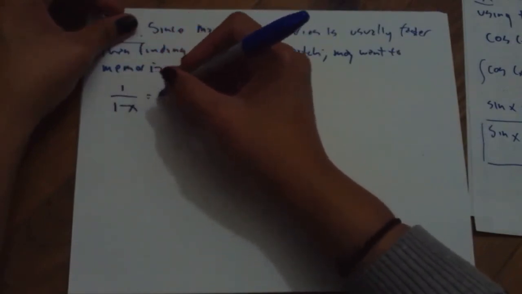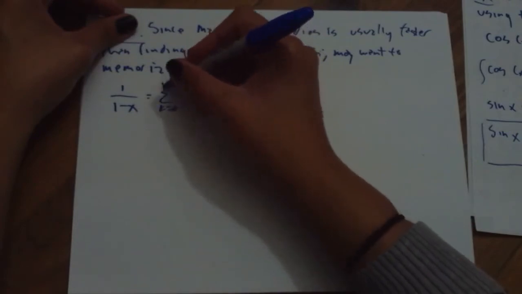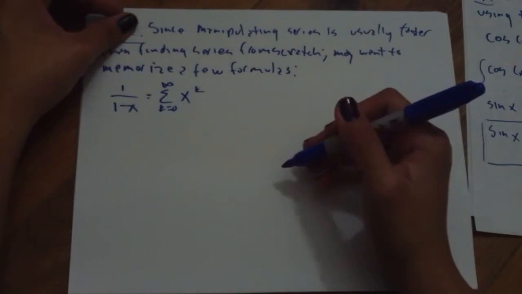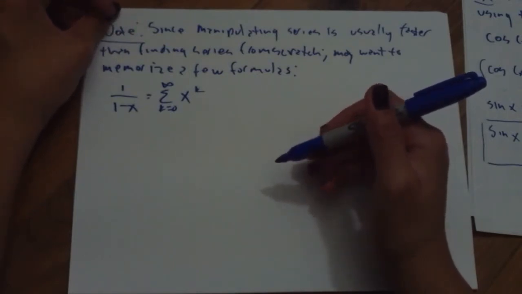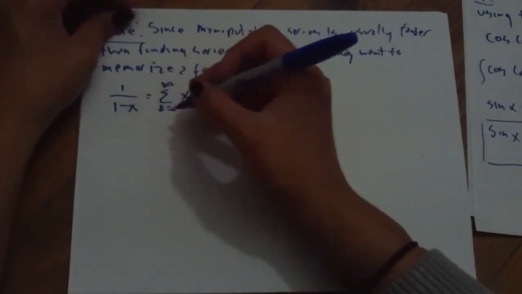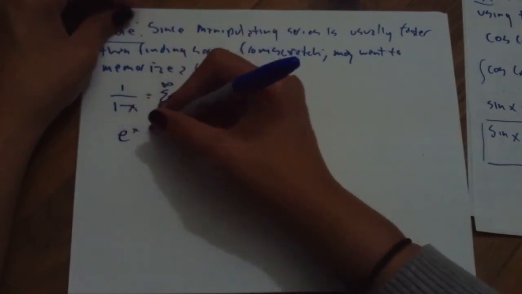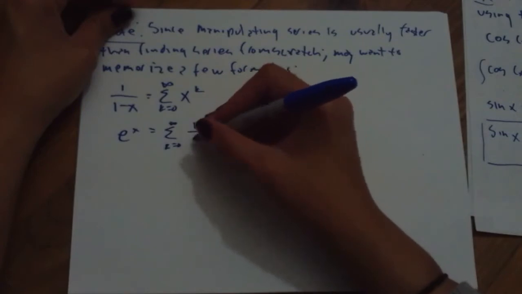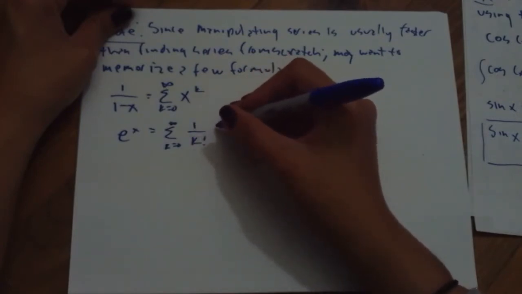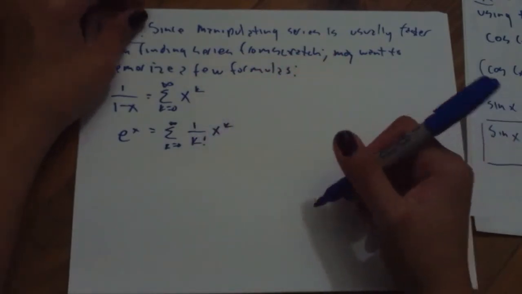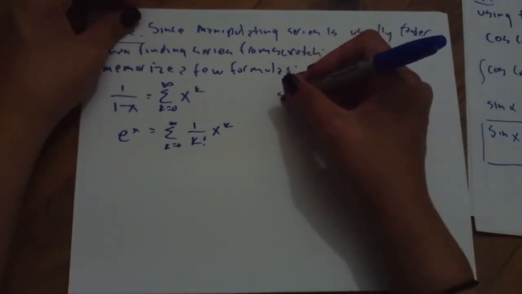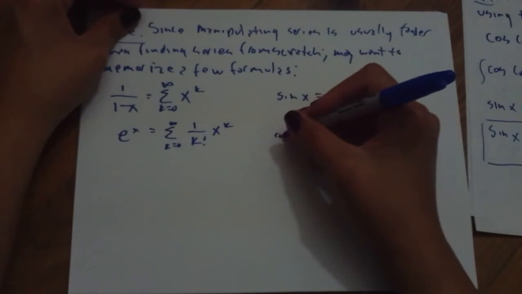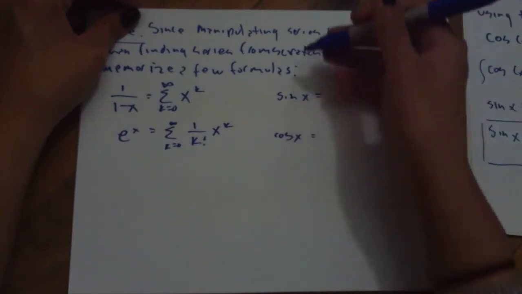We derived this a little bit earlier, and we did this with the geometric series. This is x to the k. A couple classes ago, we talked about e to the x. If you want to manipulate it, this is 1 over k factorial x to the k. And we just did these two: sine x and cosine x.